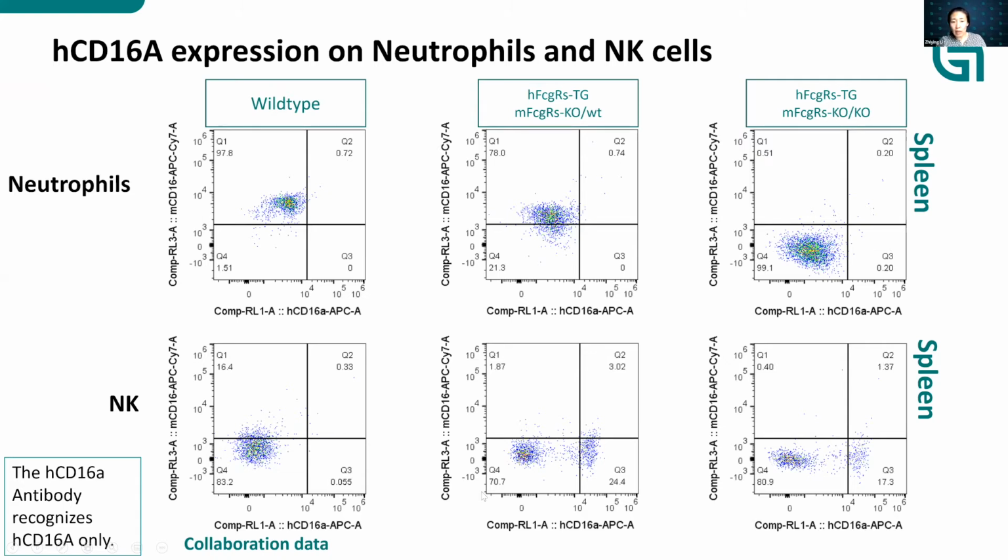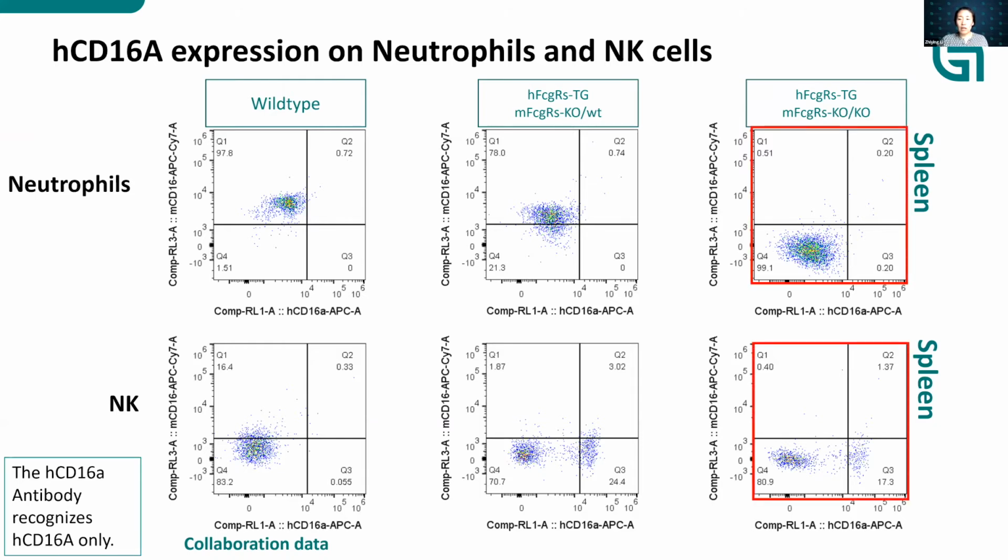When we move to the NK cell scenario, which is great, we can see there's a change from almost no expression in the mouse to a good portion of NK cells in the fully humanized animal expressing the 16A. So you could say, okay, maybe here the neutrophils are not present. Our animal is not really developing or producing neutrophils as they should.